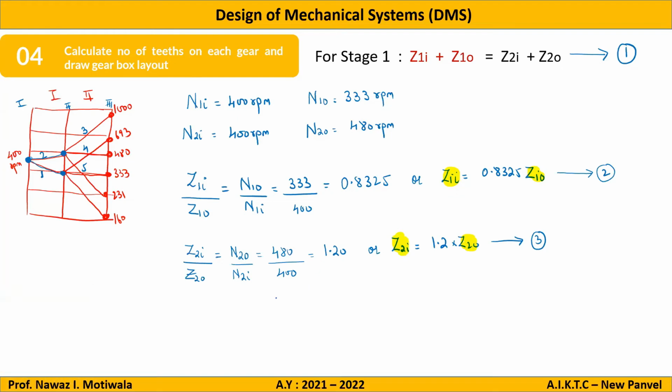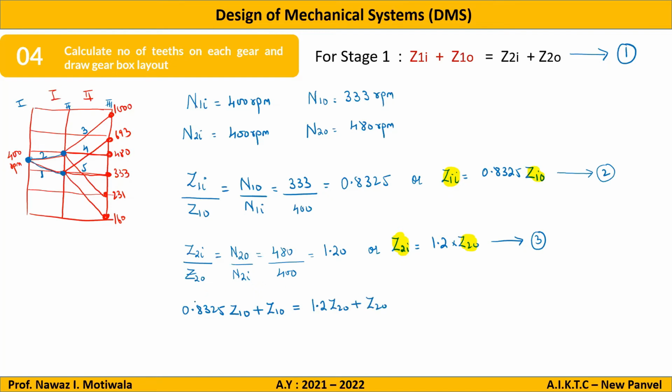So Z1I, what can I write? चलो, now your intervention starts. In place of Z1I, what should I write? 0.8325 Z1O plus, यहाँ पर तो Z1O पहले से ही था, is equal to Z2I. What should I write? Z2I is 1.2 Z2O plus यहाँ पर already Z2O है.